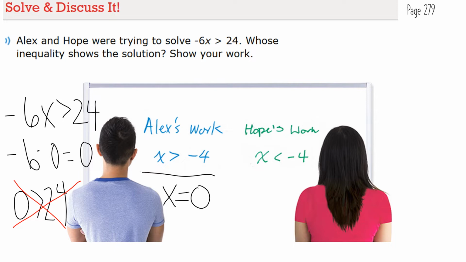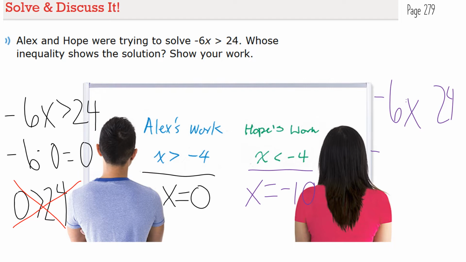x is less than negative 4, so we're going more in the negative direction. So I'm going to say x could equal negative 10. Let's go to the original inequality. Negative 6x is greater than 24. I wrote that down wrong.